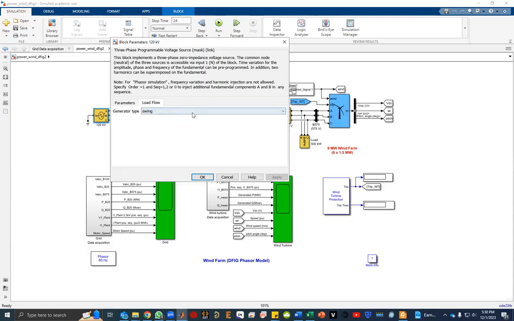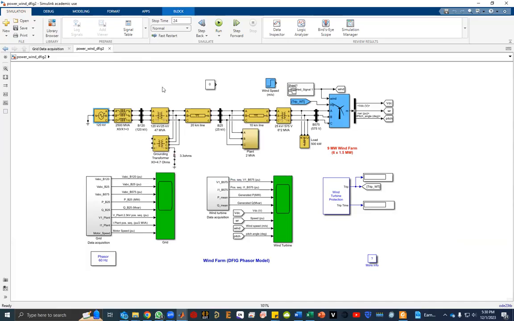Load flow is a swing type of generation, so whatever power is required from this section, it will supply this much. Then we have a transformer here. It is stepping down the voltage from 120 kilovolts to 25 kilovolts.